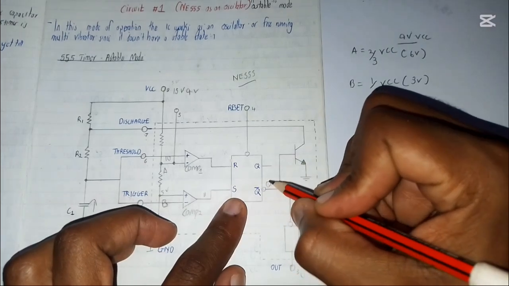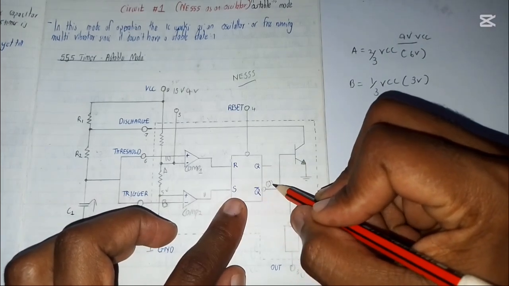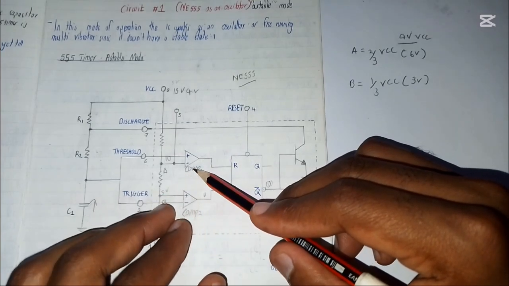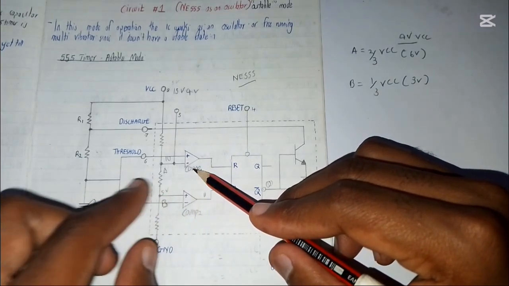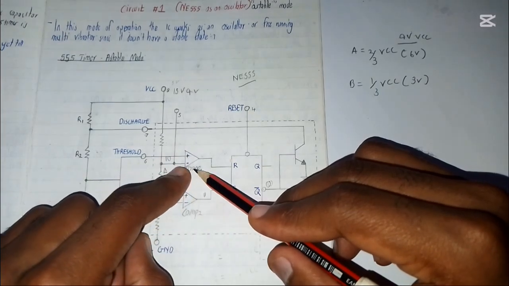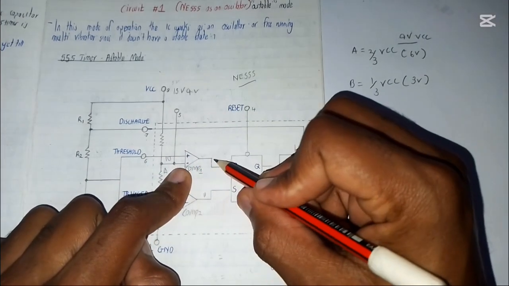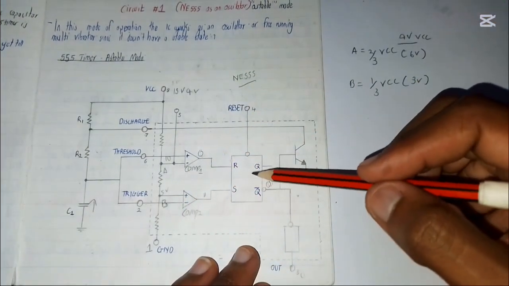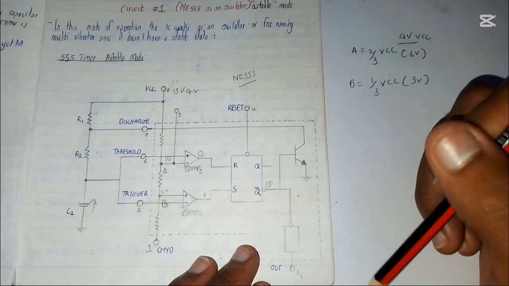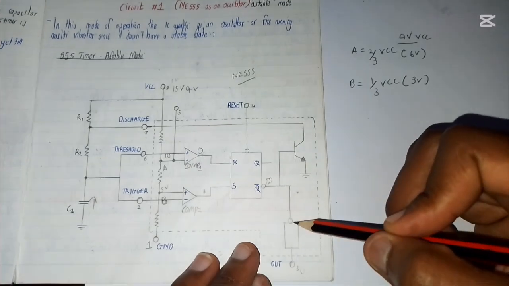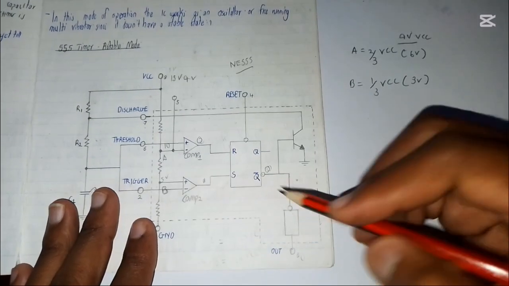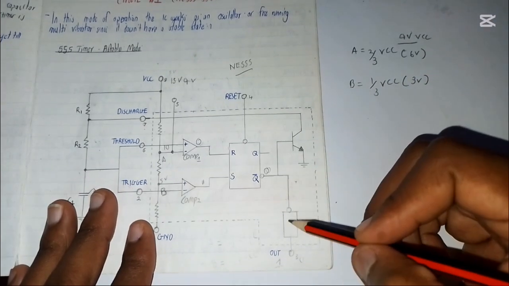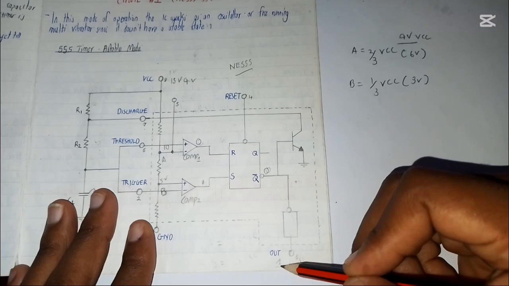And for the comparator 1 right there, because the voltage is lower than even 1/3, this comparator is not going to give any output, so it's going to give you a 0 output. So nothing really changes on our RS flip-flop. This 0 comes in, enters this inverter, and the output here will be 1, because the 0 is inverted to be 1.